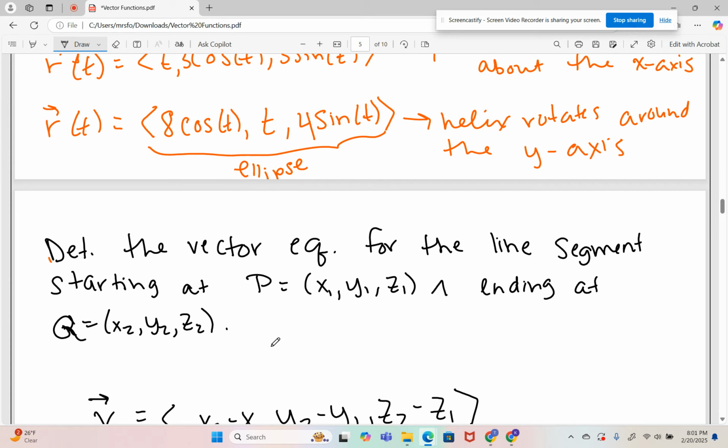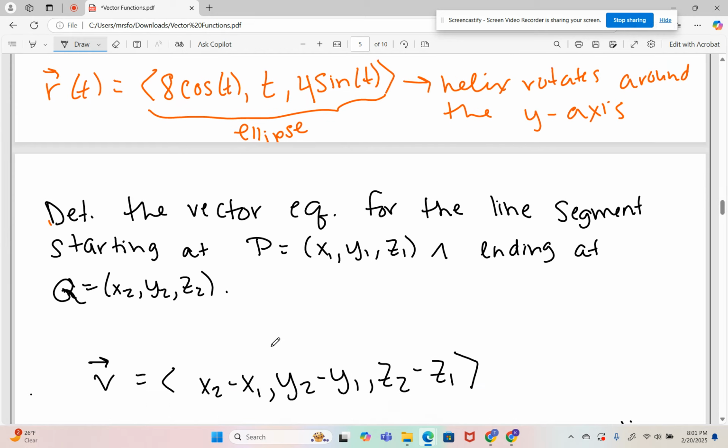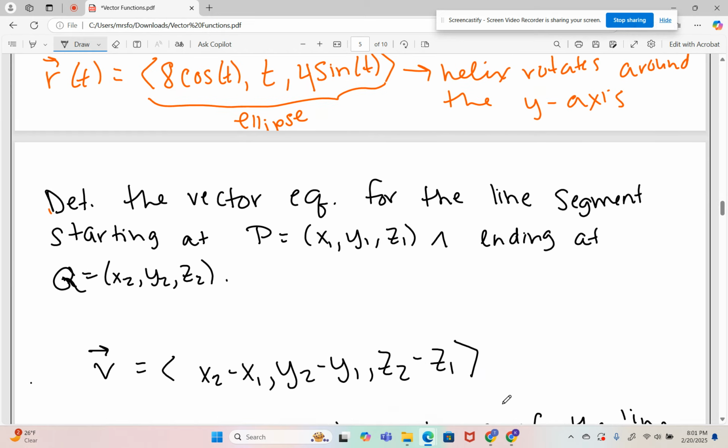In order to find the vector, we can find the difference from going from one point to the other, because we're not starting at the origin, we're going from point to point. So this is what that vector would look like: the difference in x, difference in y, difference in z.